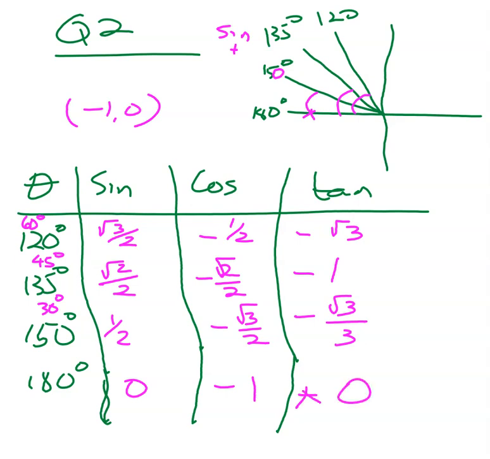Now, let's go to third quadrant. Let's go to Q3. So we're going to draw again our Q3. So here, let's create more space here. So Q3, remember that only tan is going to be positive here. So we have 210.